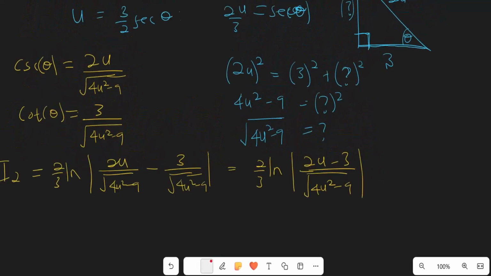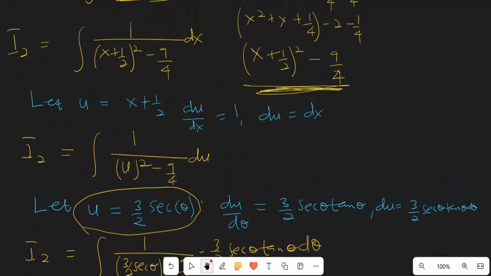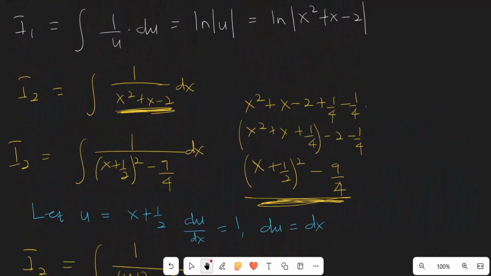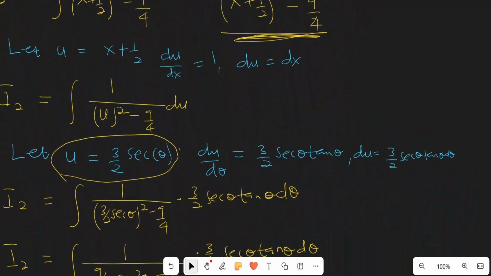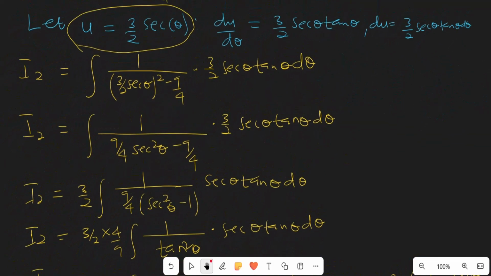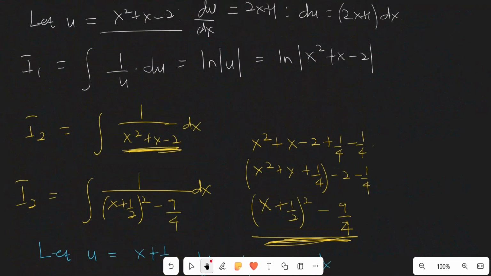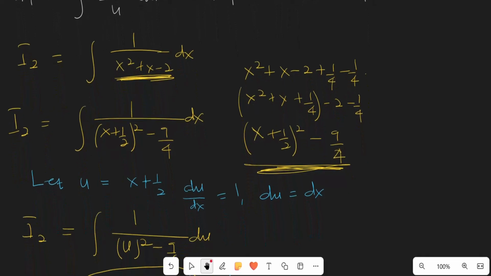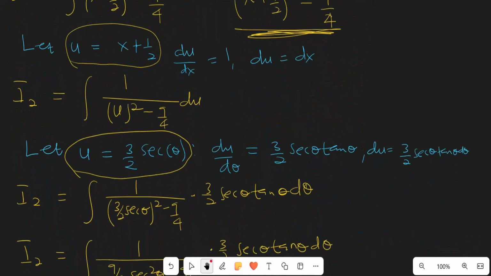Now let's move from the u world back into the x world. What is u in terms of x? What was our substitution? We can go back here. Can't remember what it was. So u was equal to x plus 1/2.